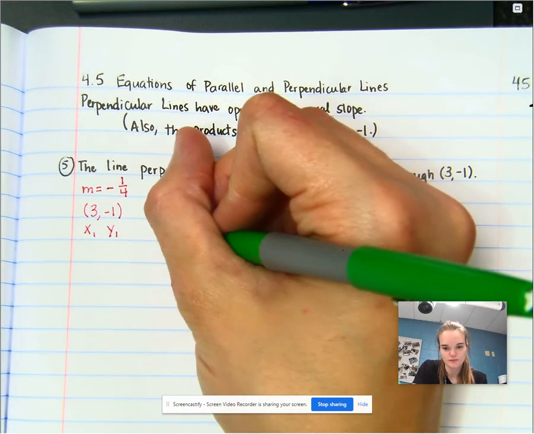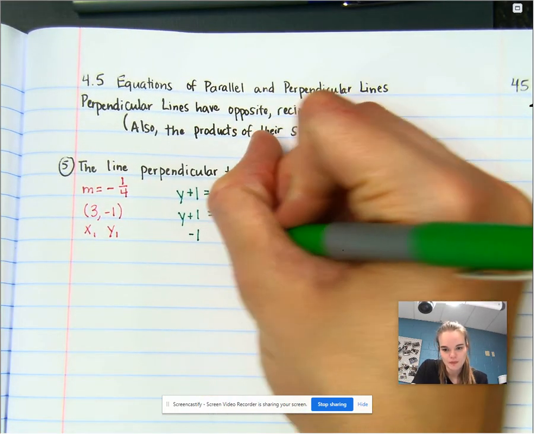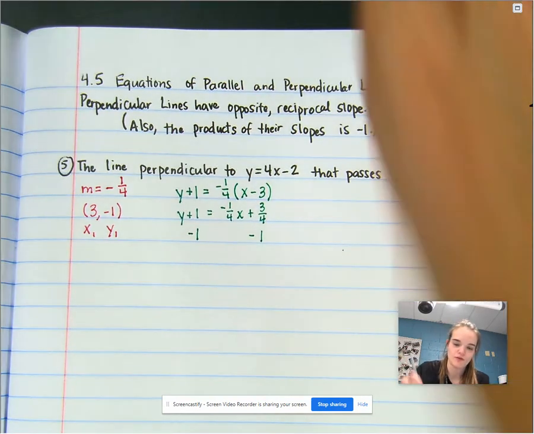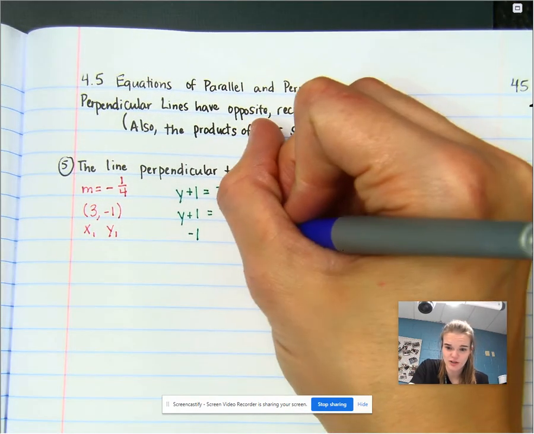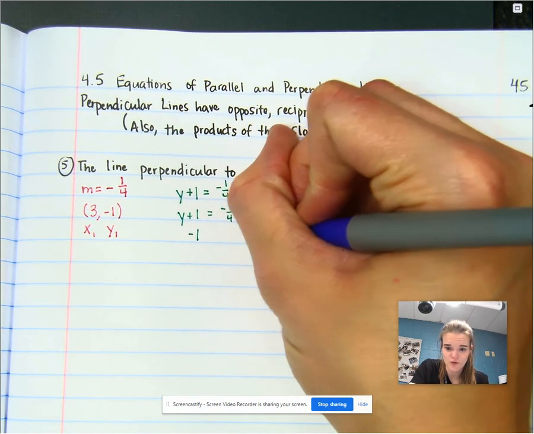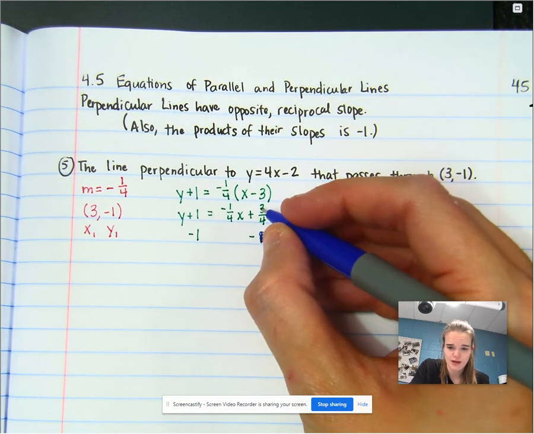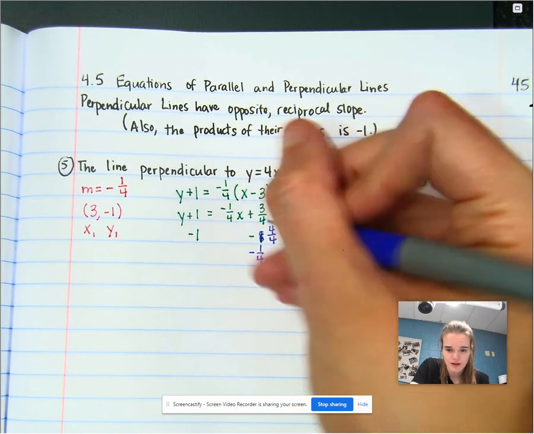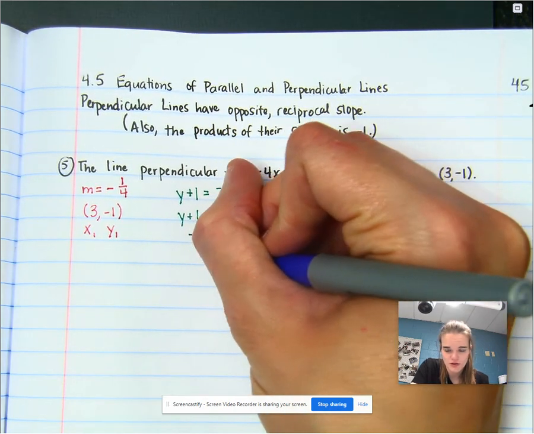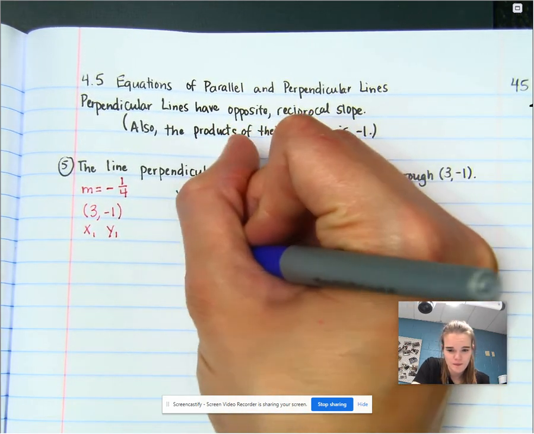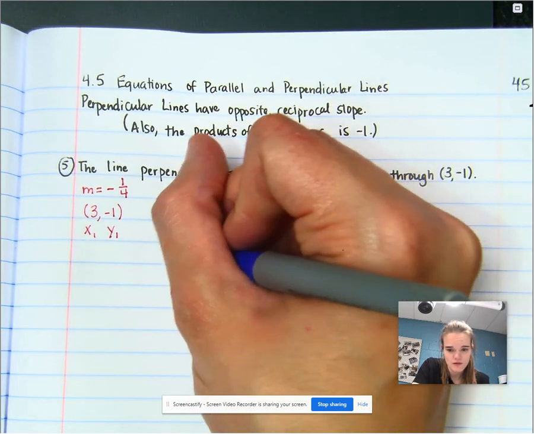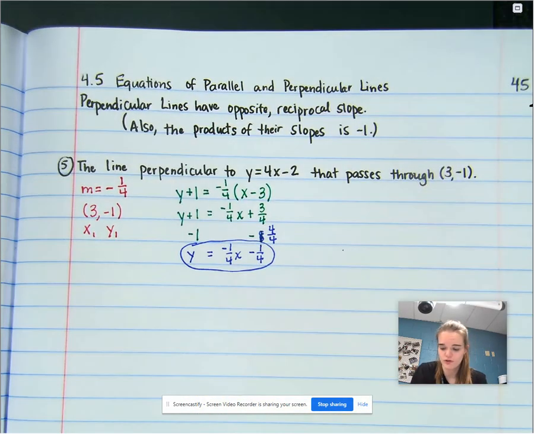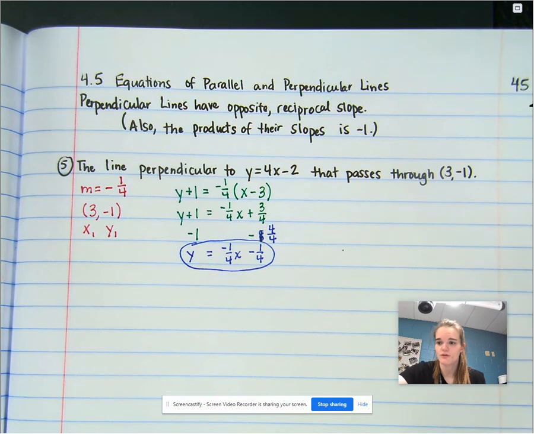We're going to subtract 1. If you don't know what to do there, subtracting 1 is the same as 4 divided by 4. 3 minus 4 is 1, so that's -1/4. And bring down everything else. Yes, I do want you to leave it in all fractions for now.